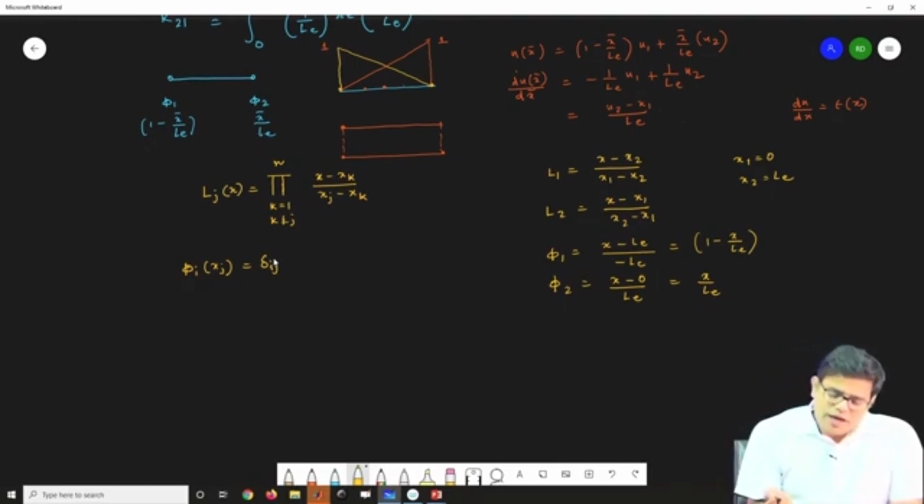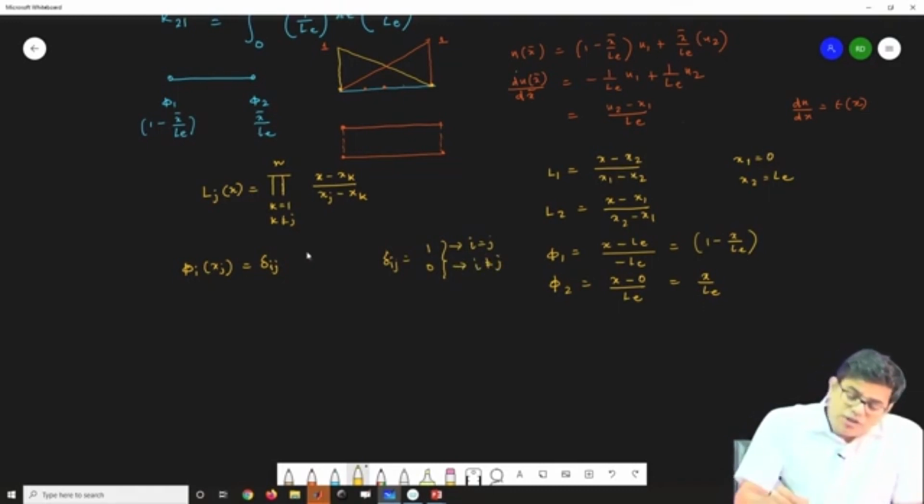Delta ij is 1 when i equals j, and 0 when i does not equal j.